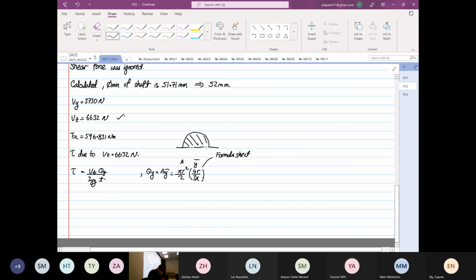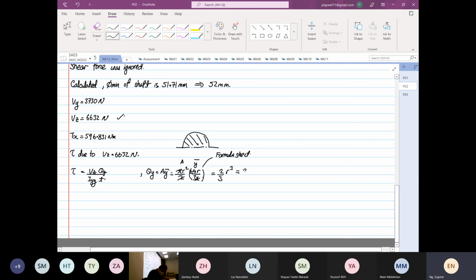So when you get rid of the 2 and get rid of the pi, you will have 2 over 3 r cubed. Okay, so that is your first moment of area.